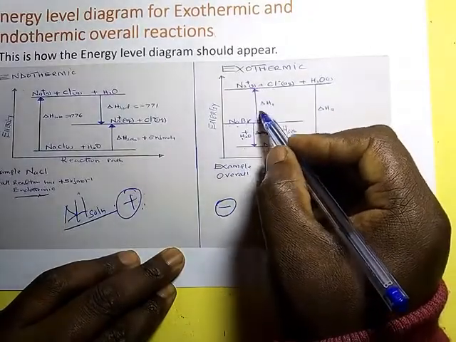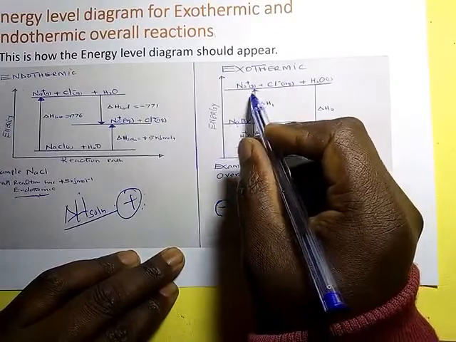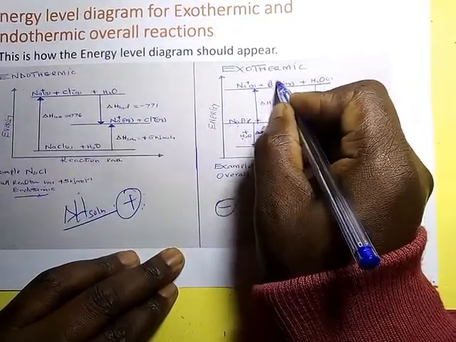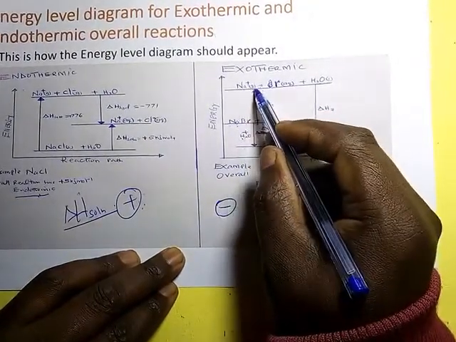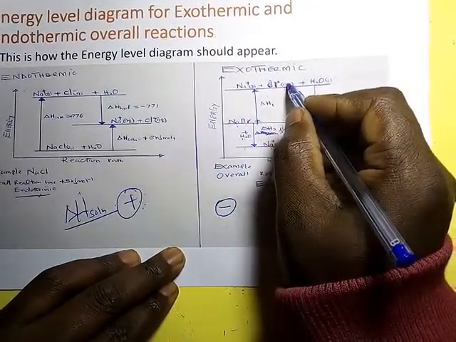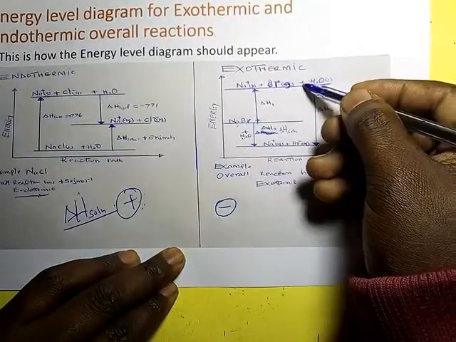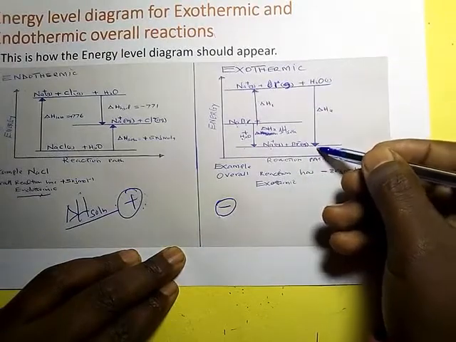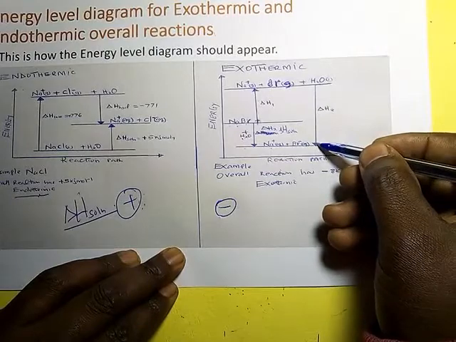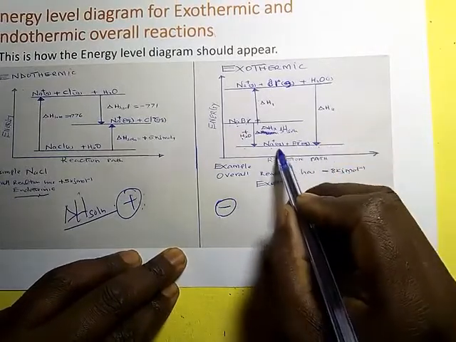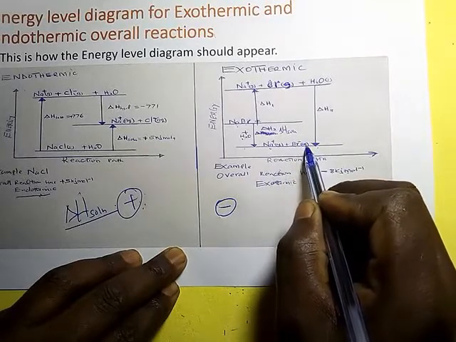This is lattice energy, because the sodium bromide is being broken into sodium ions plus bromide ions, which must be in gaseous and not in aqueous state. Then when we add water, we come straight down to form sodium ions in aqueous and bromide ions in aqueous.